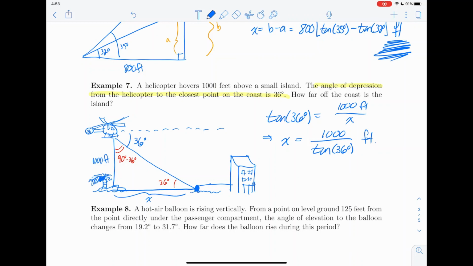That's a perfectly valid answer. If you went with 90 minus 36, you'll still use a tangent, but it'll look somewhat different, though you'll get the same numeric value at the end of the day. So this is another example of how we can use trigonometry to help solve some real-world problems.